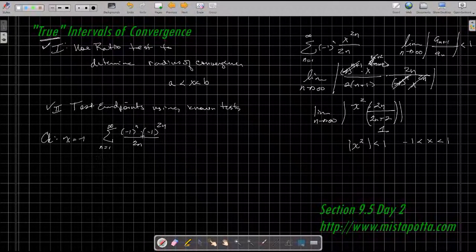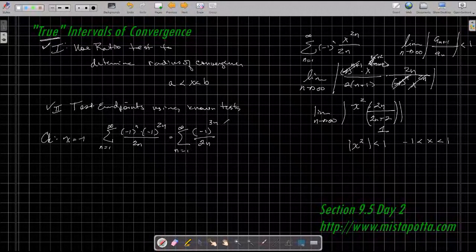Well, I'm looking at this. This is really -1 to the n times -1 to the 2n. So this is really -1 to the 3n over 2n as n goes from 1 to infinity.